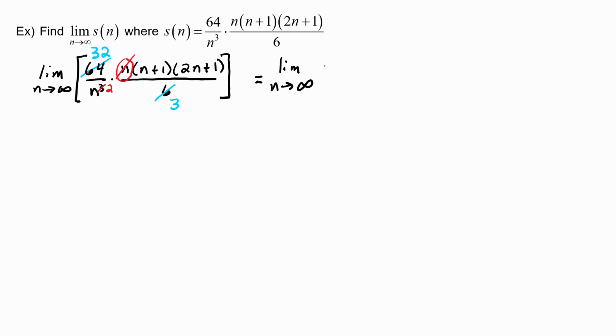So we can rewrite this in a simplified form as 32 over. Now instead of having the n squared underneath the 32, I'm going to switch places with the n squared and the 3. We are allowed to do that, so we can put the 3 here, and we're going to put the n squared underneath the rest of this algebra.